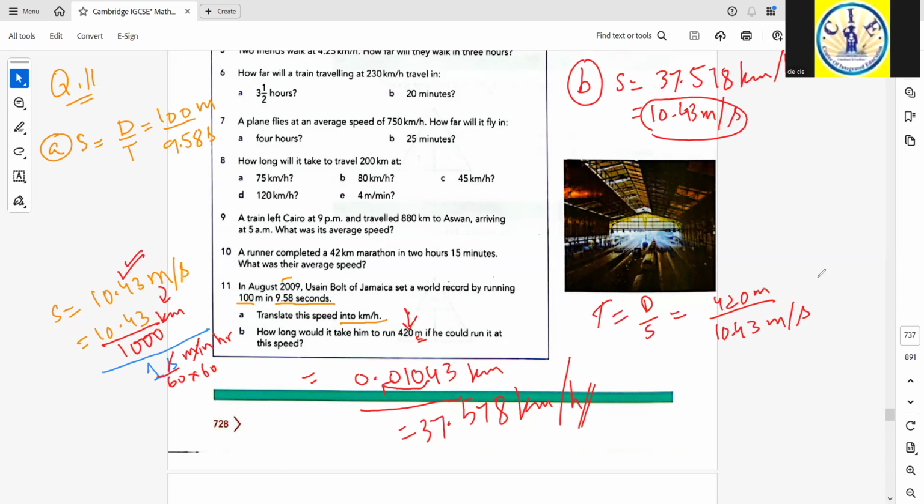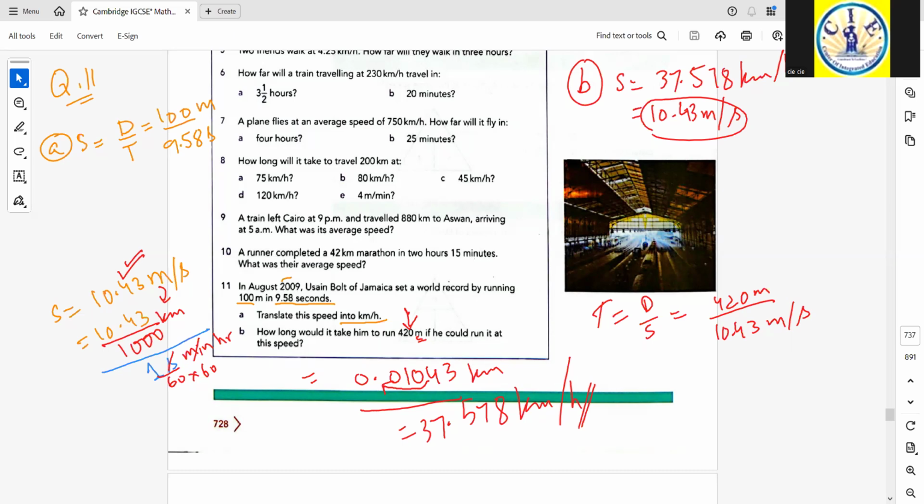So simplifying them, 420 divided by 10.43, which is 40.268.